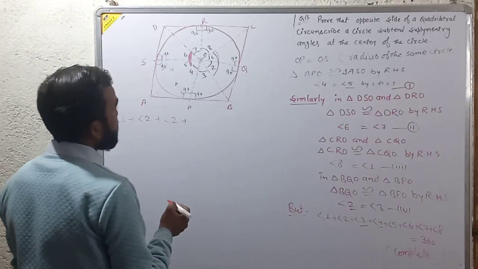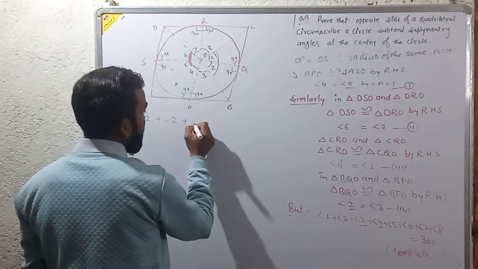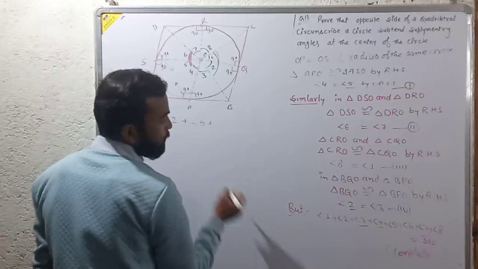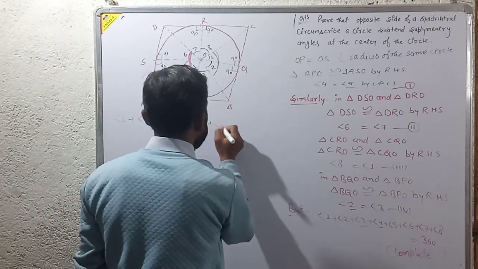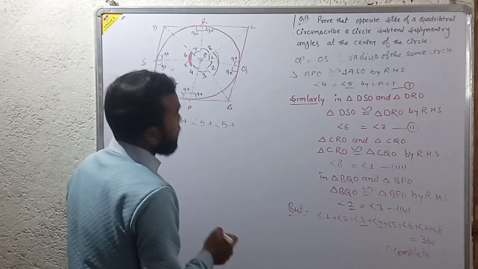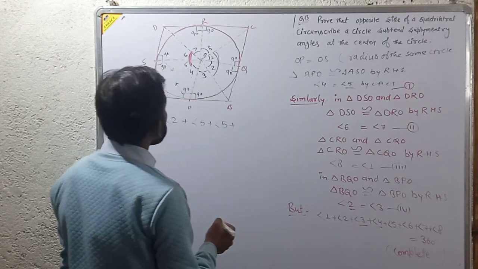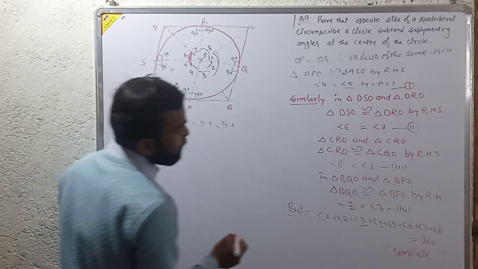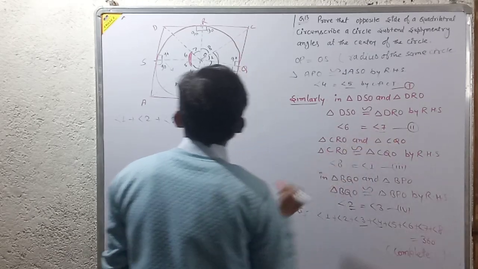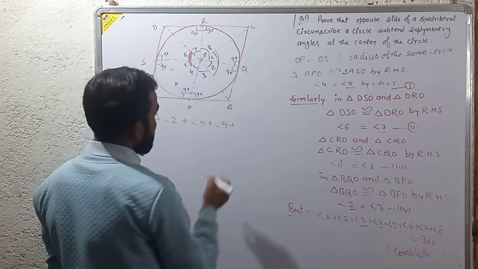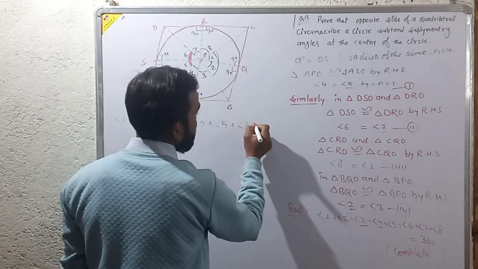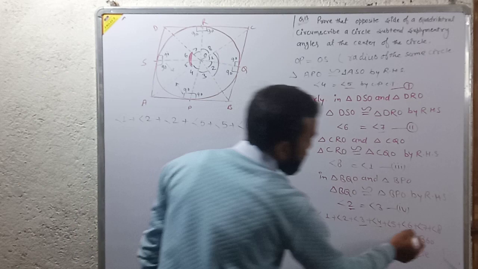So we put angle 5 in place of 4, plus angle 5 plus angle 6 plus angle 7, where angle 7 is equal to angle 6, so we put angle 6 plus angle 6 in place of 7.